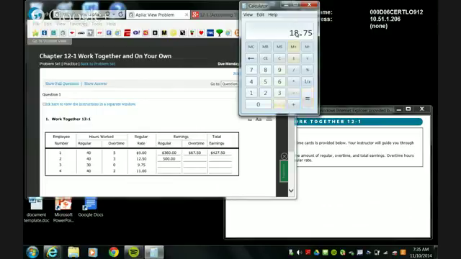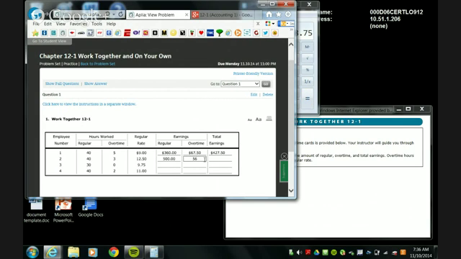So their overtime rate is this amount. We multiply that by the 3 hours that they worked, and we get $56.25. Add that up.